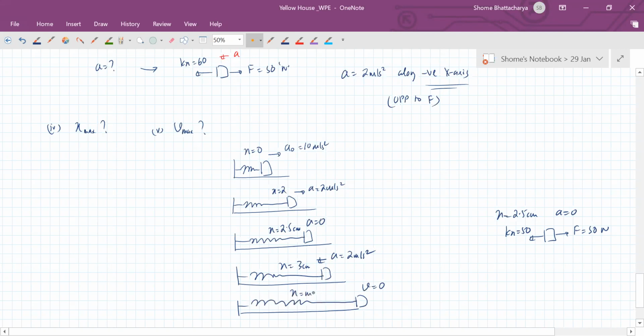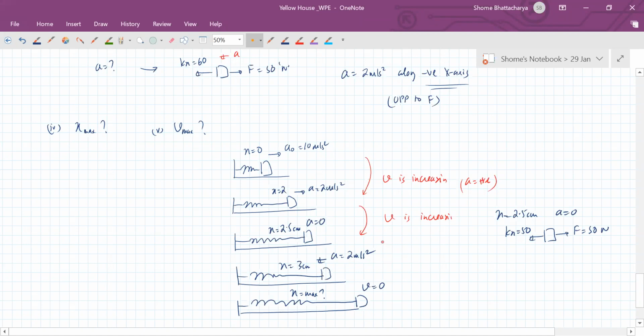This is when x is maximum. Okay. So what is happening from here to here? V is increasing. Okay. From here to here also V is increasing because acceleration is positive.